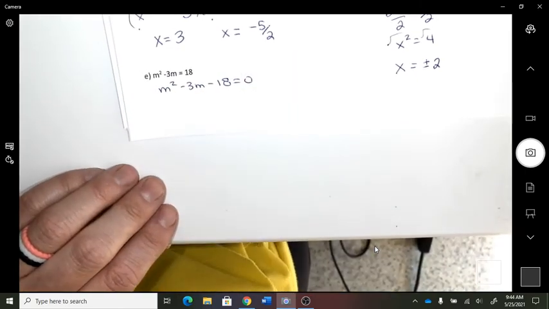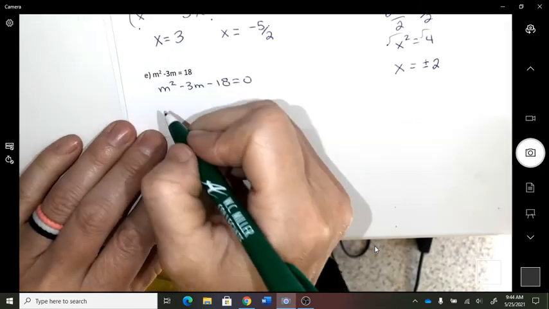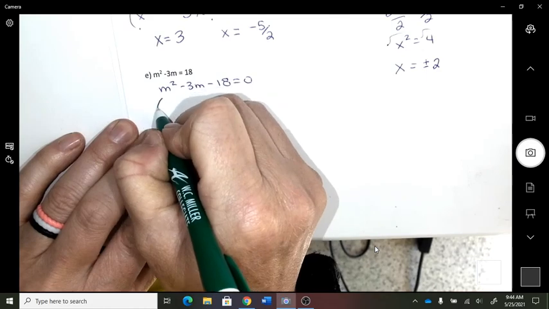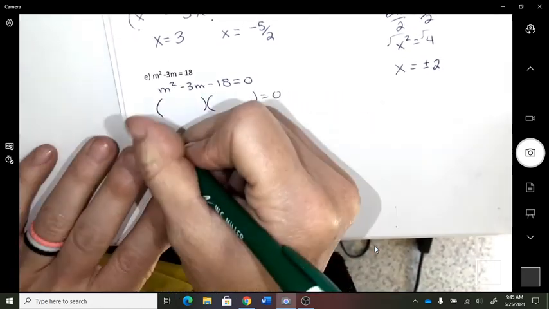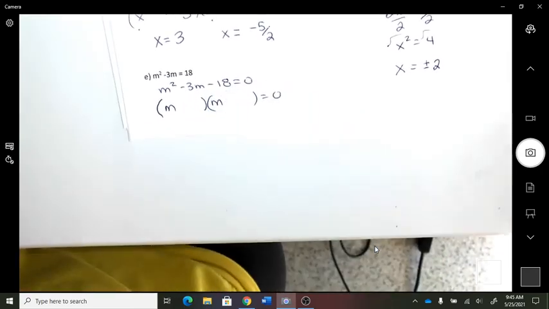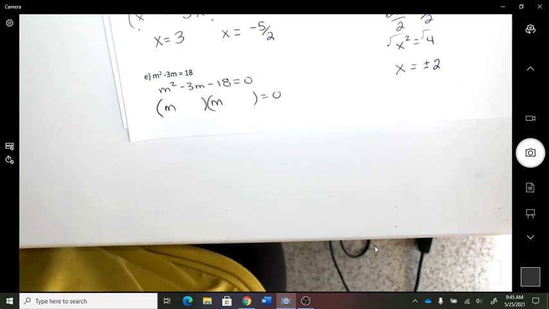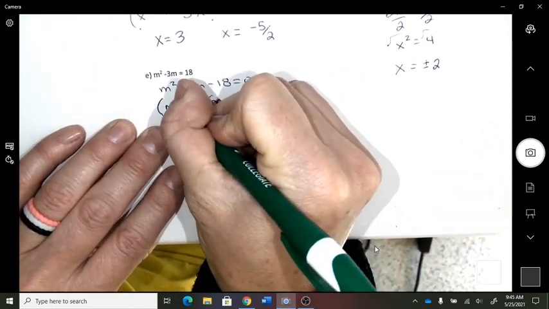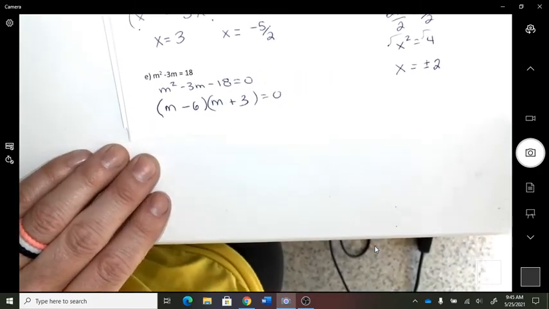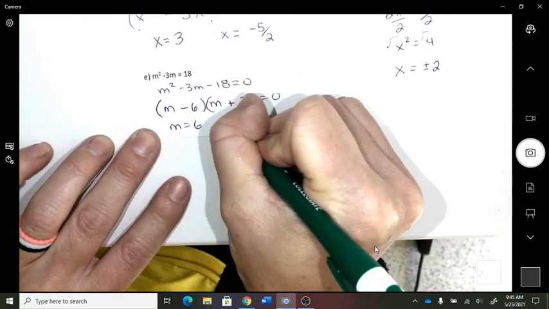Okay, so now that I moved it, what does it look like? Simple? Yeah. Simple, yep. So just trying to multiply to the end, add to the middle. So multiplying to 18, a 6 and a 3. Needs to add to -3.